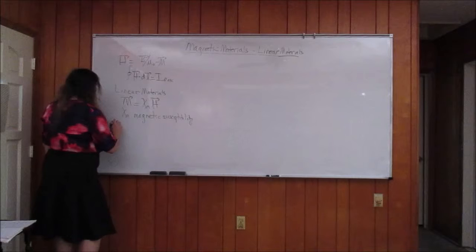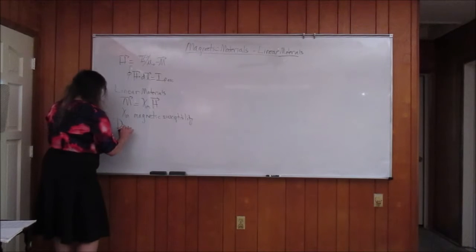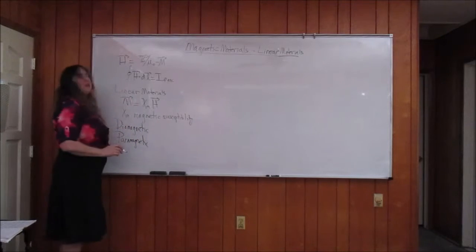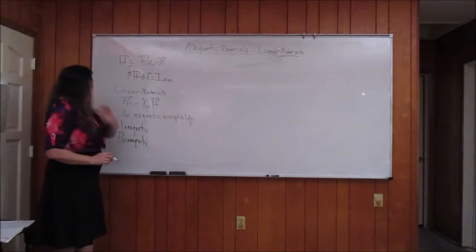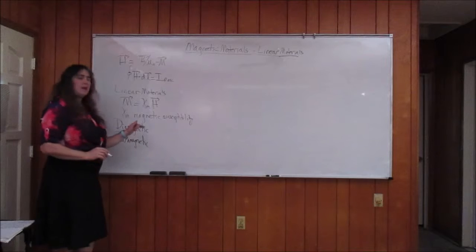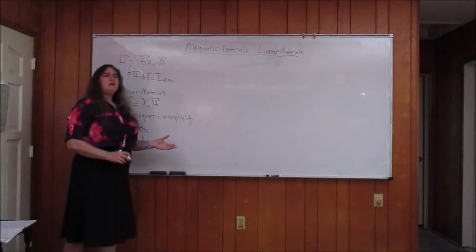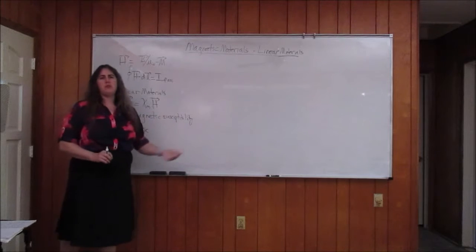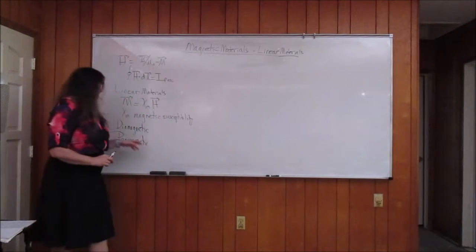And so what kinds of magnetism fall under this category? Well, diamagnetic materials and paramagnetic materials can be treated this way. Diamagnetism, as you'll recall, means that the moments tend to oppose the applied magnetic field.